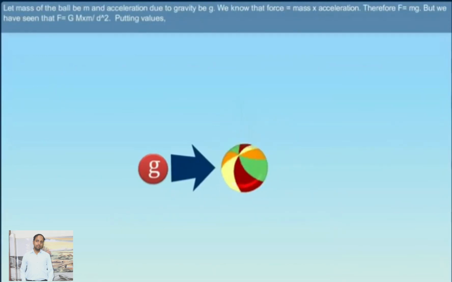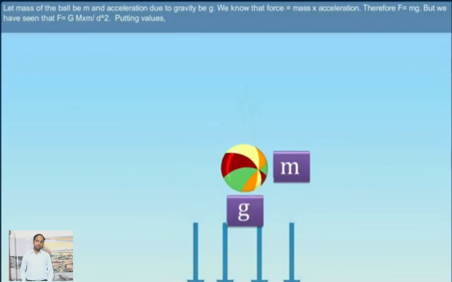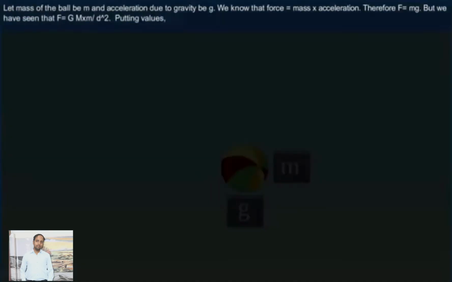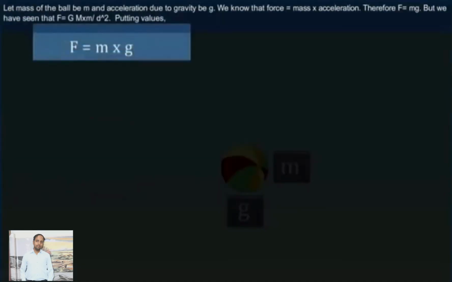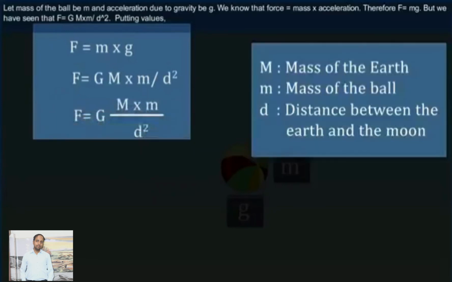Let the mass of the ball be m and the acceleration due to gravity be g. We know that force is equal to mass into acceleration. Therefore, F is equal to mg. But we have seen that F is equal to G multiplied by capital M into small m upon d square.